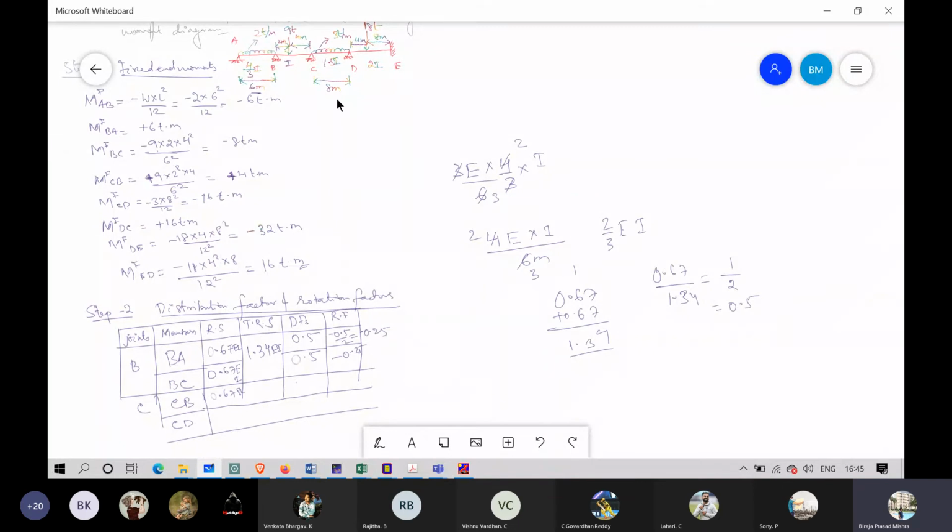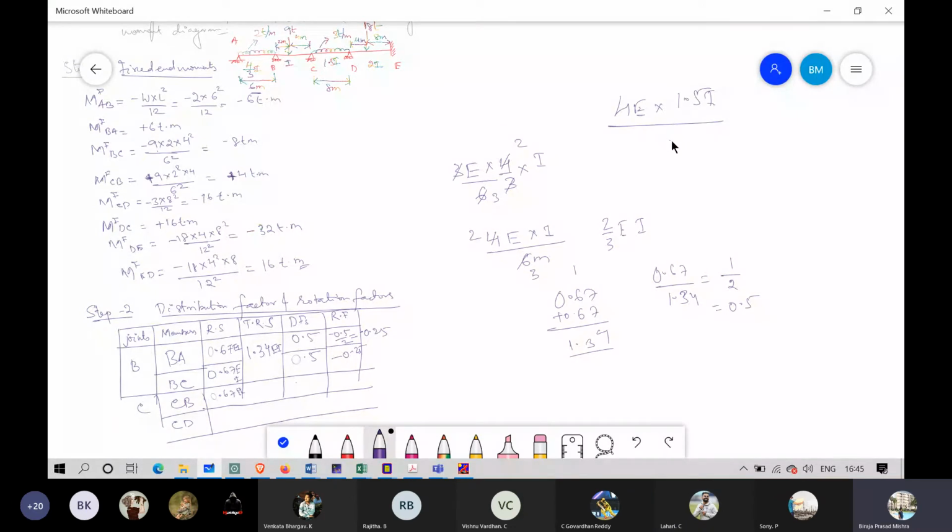So for CD, since D is a continuous end, this will be 4 into E into I is 1.5 by 8, which is 0.75 EI. So 0.67 plus 0.75 is 1.42.